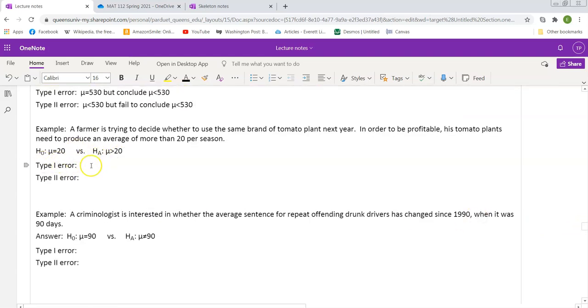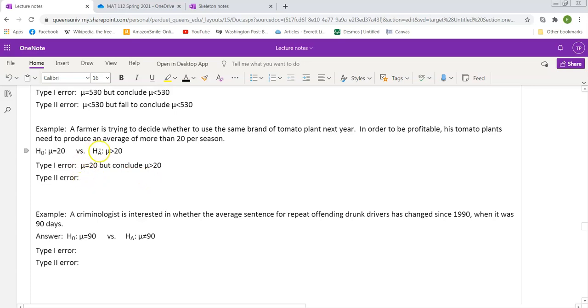So we'll go through one more of these. A type 1 error is here you reject H0 when H0 is true. So the test shows that mu is greater than 20 when in fact mu equals 20. And then the type 2 error would be that you fail to reject H0 when H0 is false.